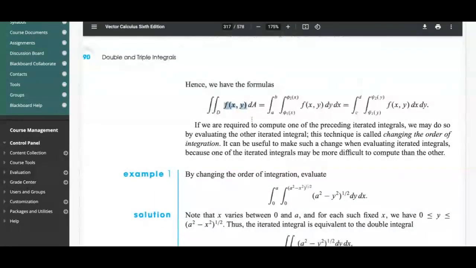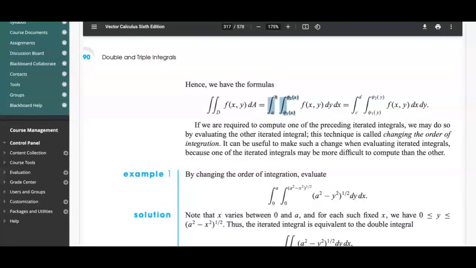The integrand is f of x, y, and we want to integrate over the region D. The region D might have x going from a constant to a constant, and the y direction has a dependency: the lower limit is a function of x, the upper limit is a function of x. And then maybe the integrand is very difficult to integrate in the y direction first. We want to change to integrating in the x direction first.